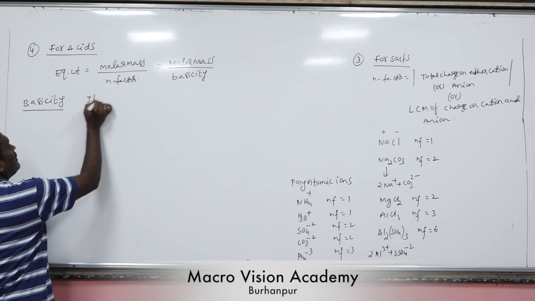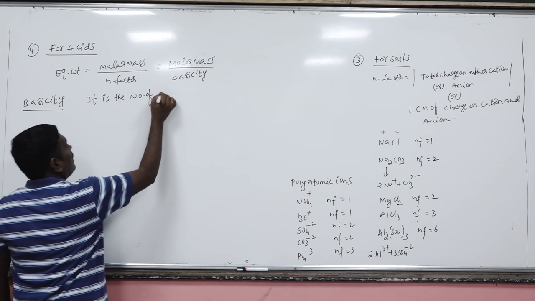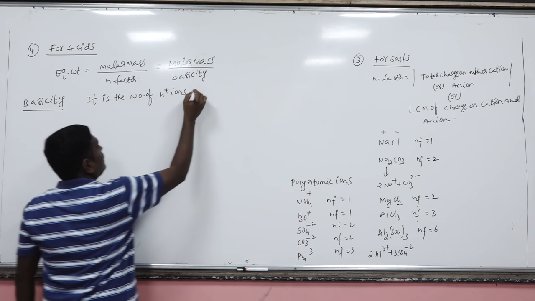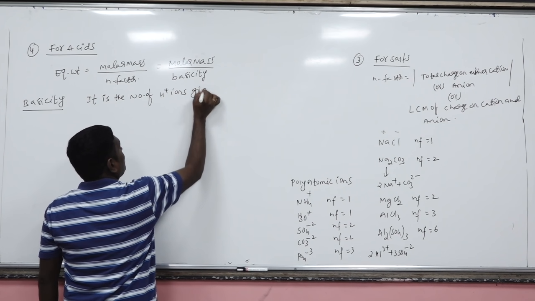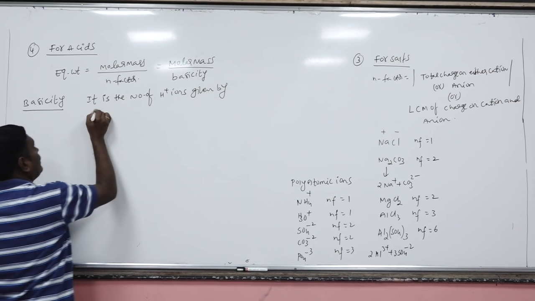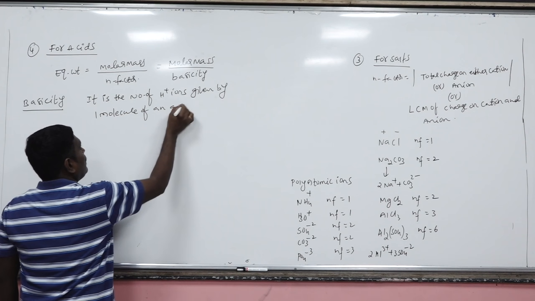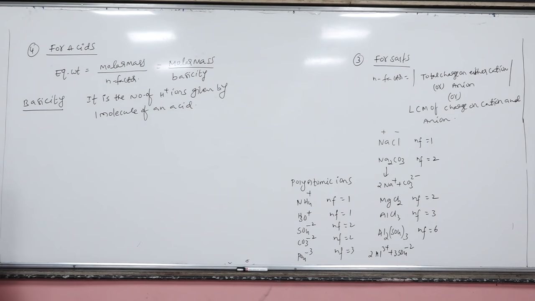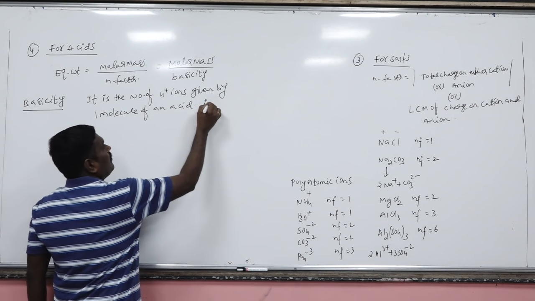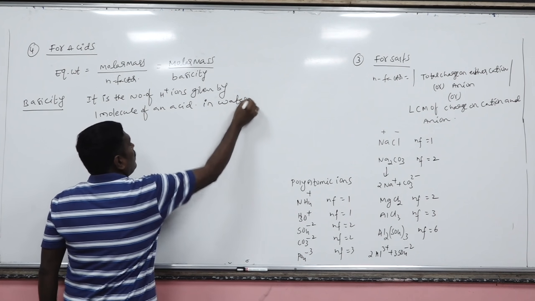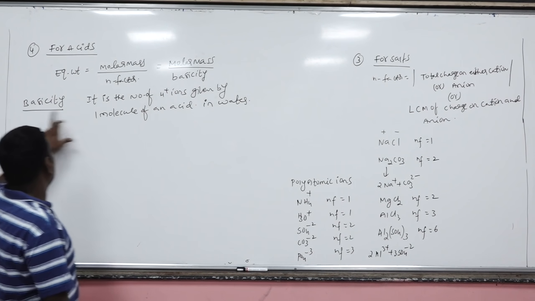It is the number of H+ ions given by one molecule of an acid. One molecule of acid will give how many H+ ions in water is called basicity.